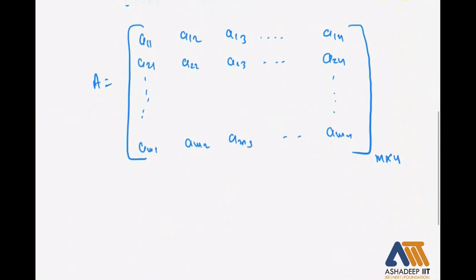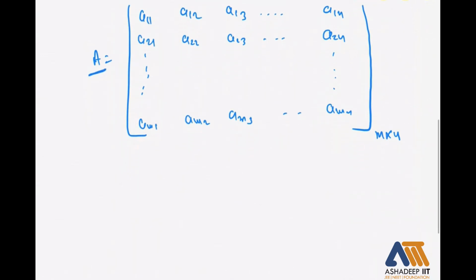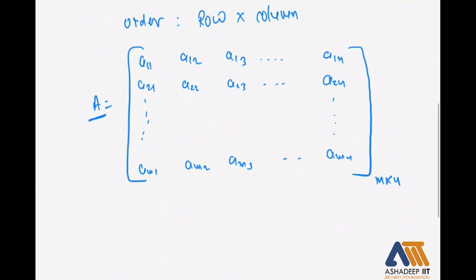A matrix is generally denoted by a capital alphabet. Now in this matrix A there are m rows and n columns. So order of this matrix is m cross n. First is the number of rows and second is the number of columns.